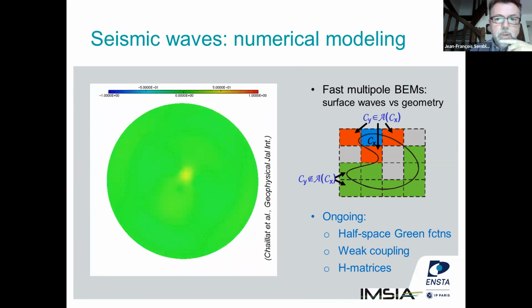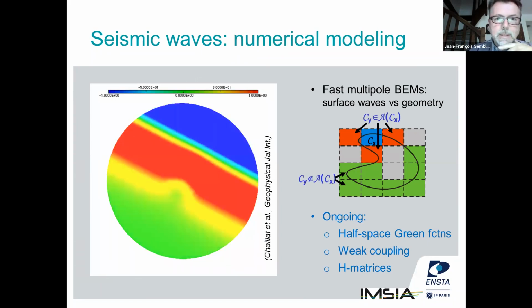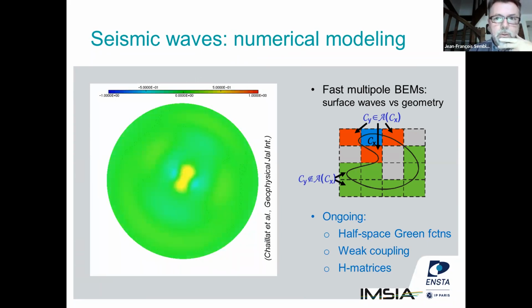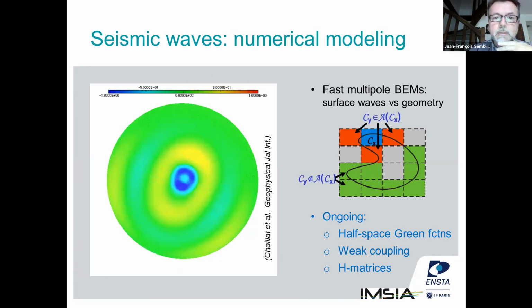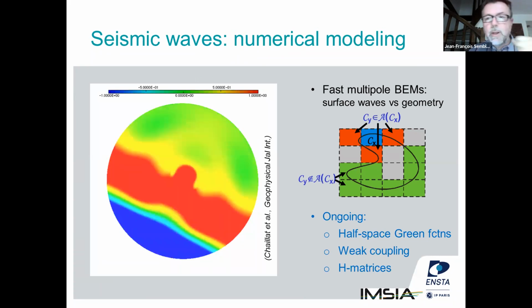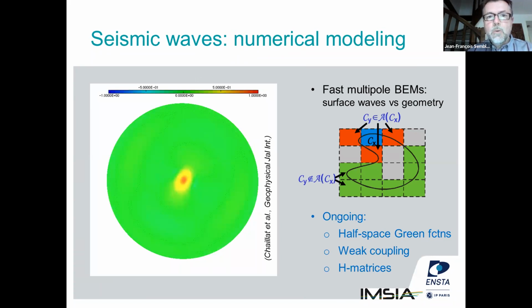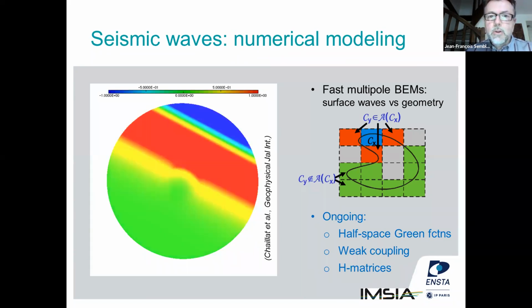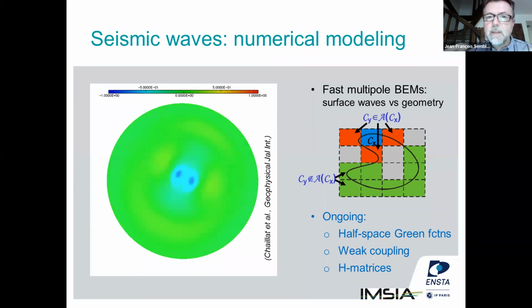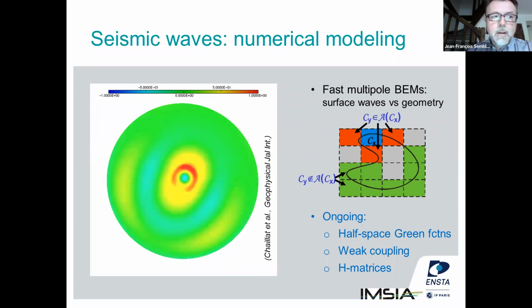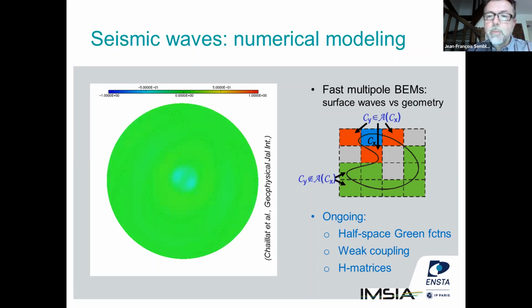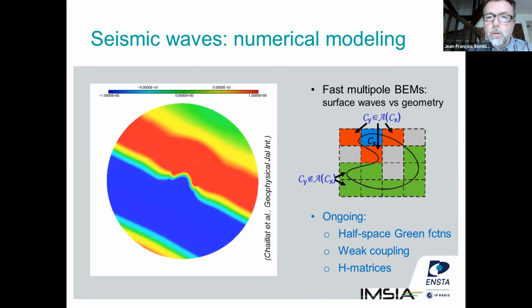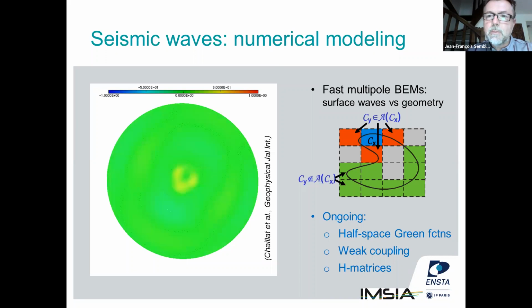These are 3D simulations, and especially for 3D simulations, we need accelerated boundary element formulations. If we use boundary element methods, we save some degrees of freedom because we only discretize surfaces in the 3D space, but we get unsymmetrical, fully populated matrices to solve in our linear system.